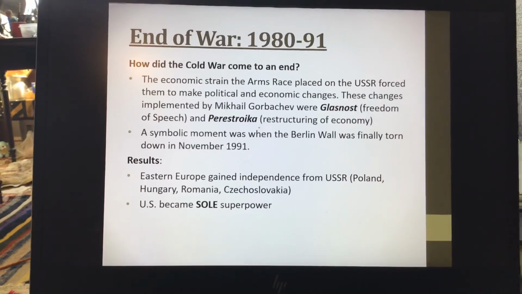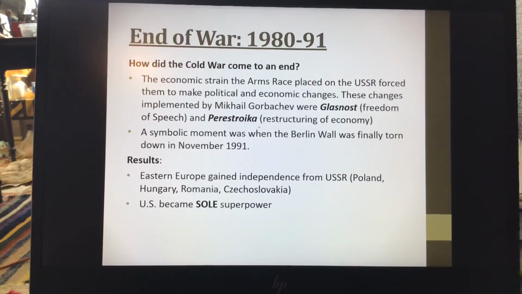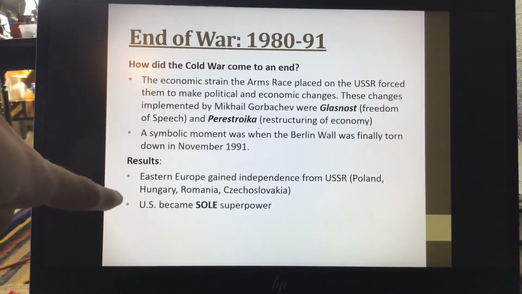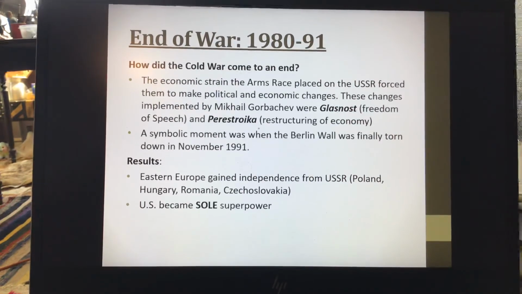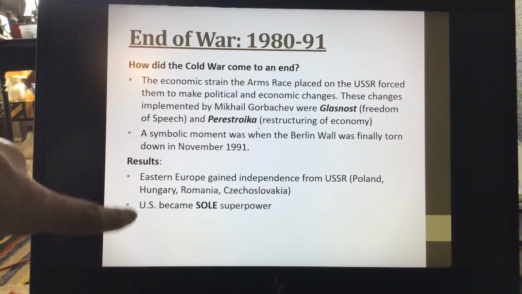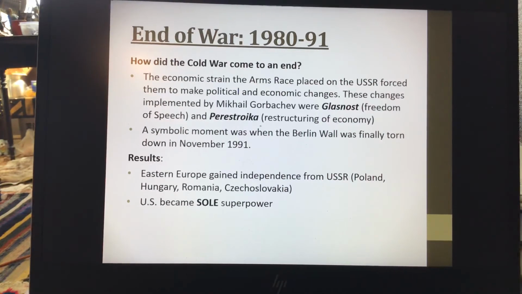Okay, so Russia, this is when Russia goes back to being called Russia, and that's what they're called today, right? We don't call Russia the Soviet Union anymore. So this is when we see the name change, and all these places become independent. They no longer have to be under the control of the Soviet Union. And with this, the US ended up becoming the sole superpower of the world.